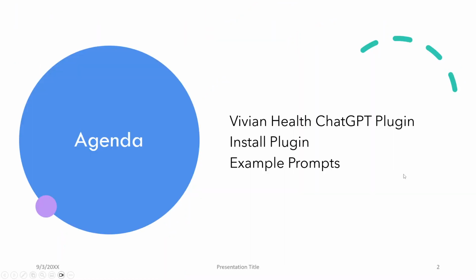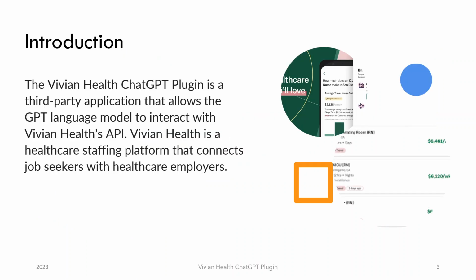So here's what this can do. We'll discuss what the Vivian Health ChatGPT plugin is. We already looked at installing the plugin, and we are also going to see some example prompts. The Vivian Health ChatGPT plugin is a third-party application that allows the GPT model to interact with the Vivian Health API.